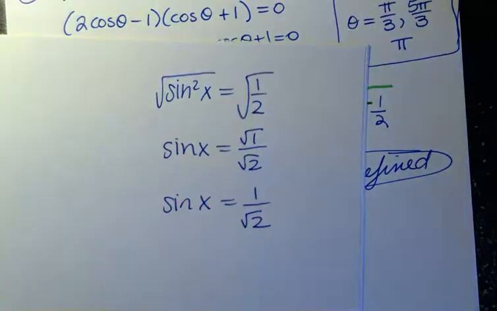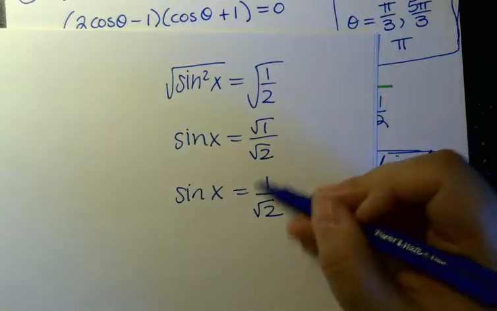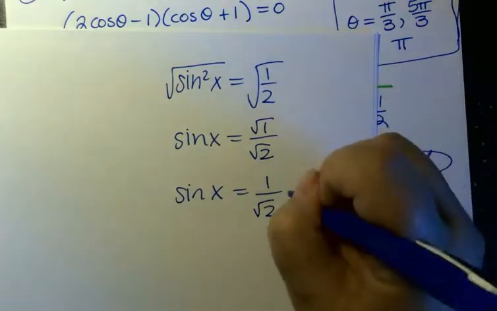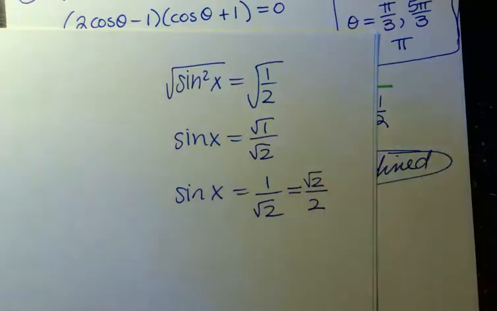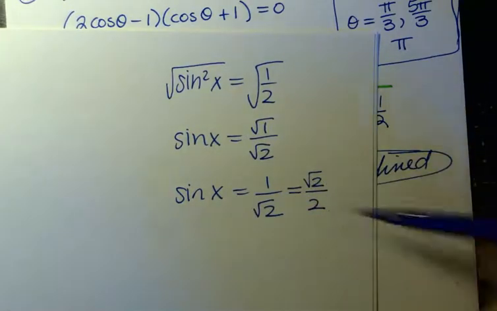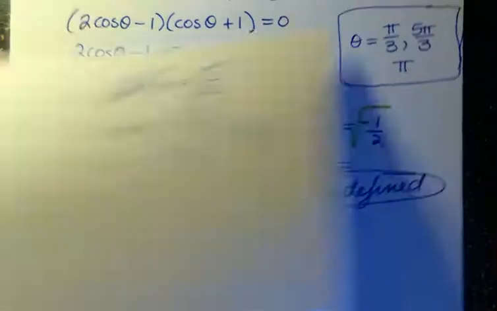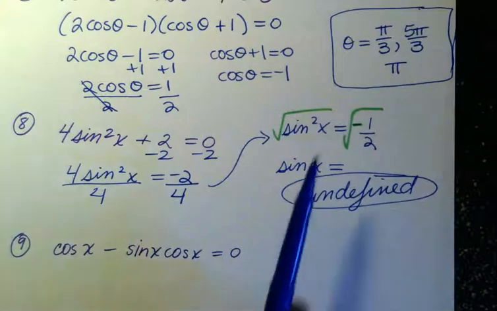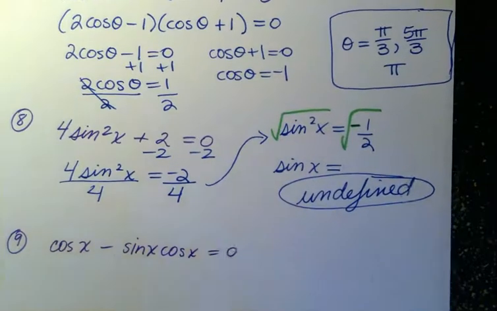And it helps to remember that when we first developed the unit circle, this was what we got using our 30, 60, 90 triangles, and we just changed it to this. So this is what this says. Where is the sine of x equal to square root of 2 over 2? So that would be at pi over 4 and at 3 pi over 4. It's a shame this is not what it asked me, but no, it has that negative there, and so I have to say, I'm sorry, that's not going to happen.